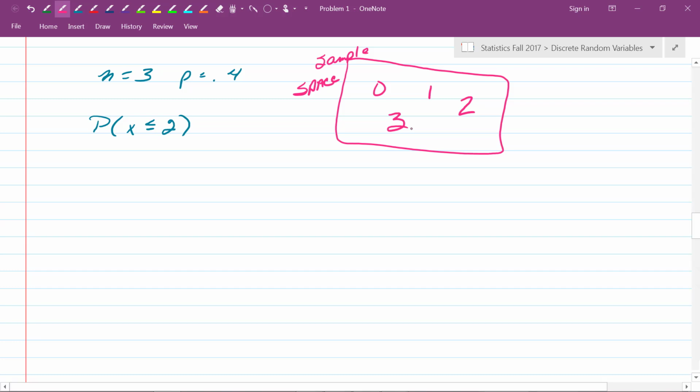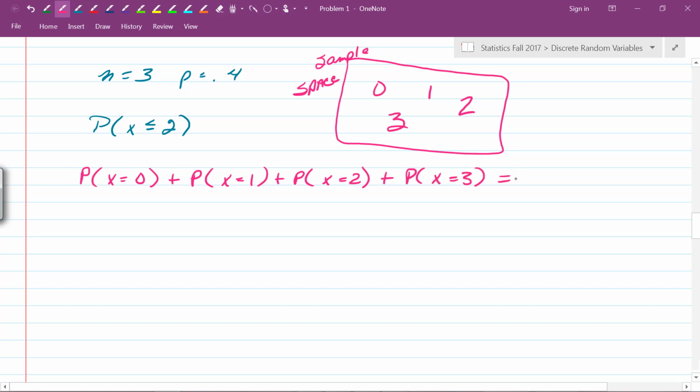If we take the probability that x is equal to 0, add the probability that x is equal to 1, add the probability that x is equal to 2, and add the probability that x is equal to 3, that must sum to 1.0, because we have added the probability associated with each possible outcome of our experiment, and by definition those probabilities must sum to 1.